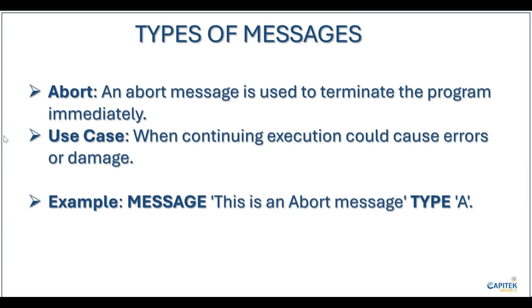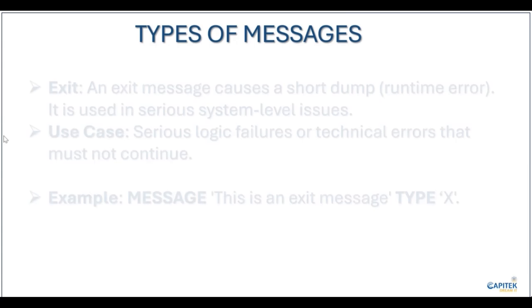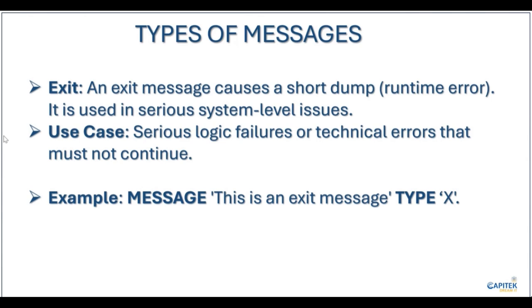Similarly with exit: if there are runtime errors, dumps, logical failures or some kind of system issues, then this kind of message will be used. But most of the times, this will not be in usage for us.